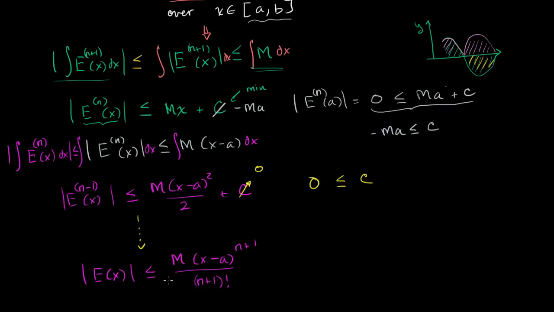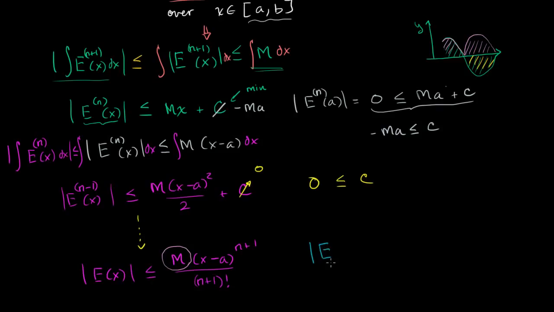But what's really interesting now is if we are able to figure out that maximum value of our function right there, we now have a way of bounding our error function over that interval between a and b. So for example, the error function at b, we can now bound it if we know what m is.